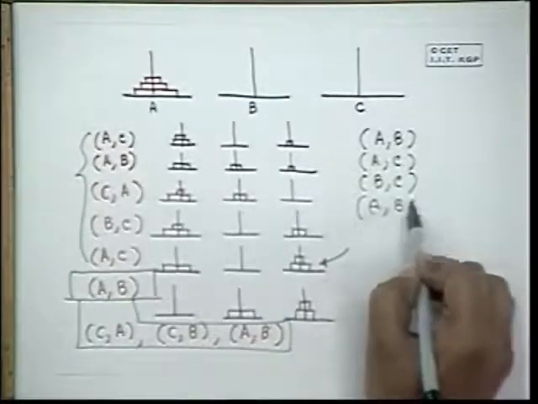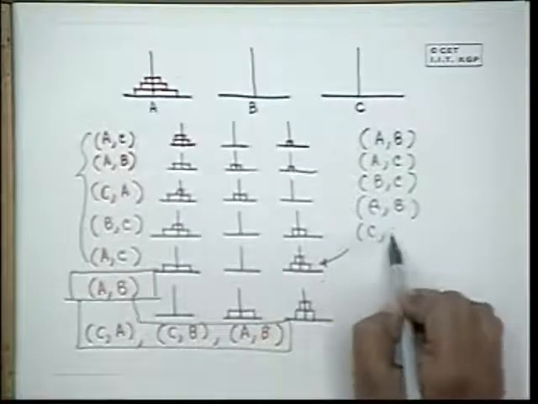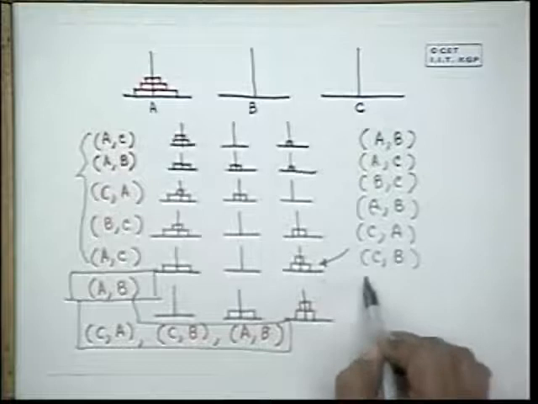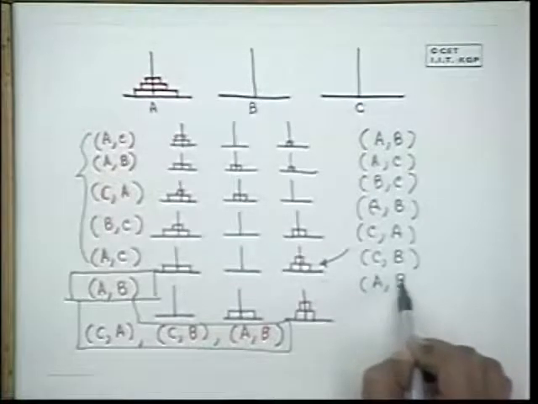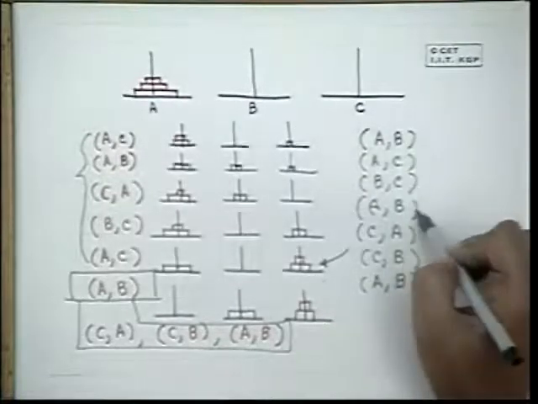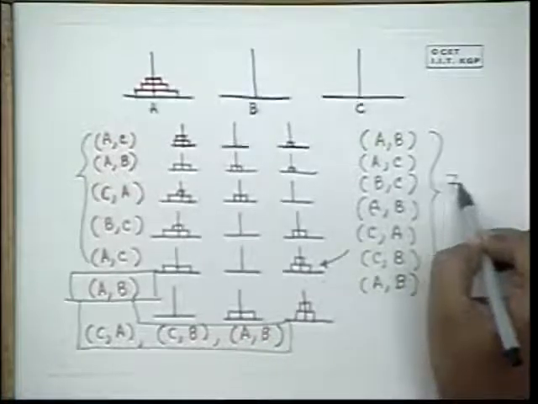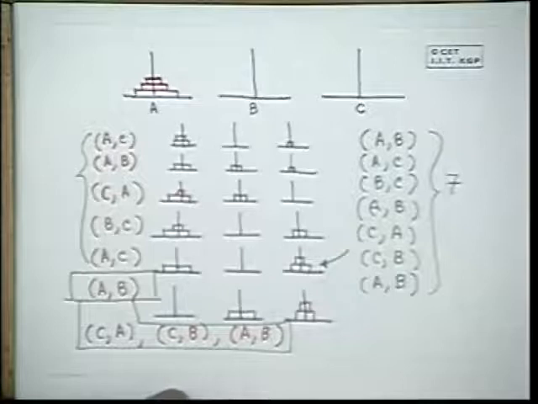A to B, C to A, C to B, and A to B. So in 7 steps, we can solve the problem for 3 disks.